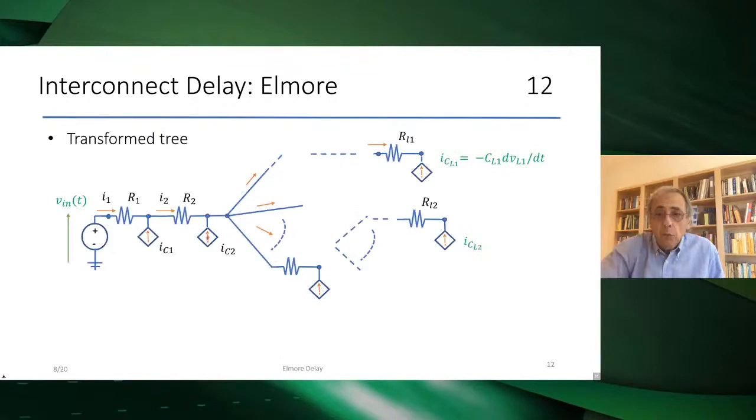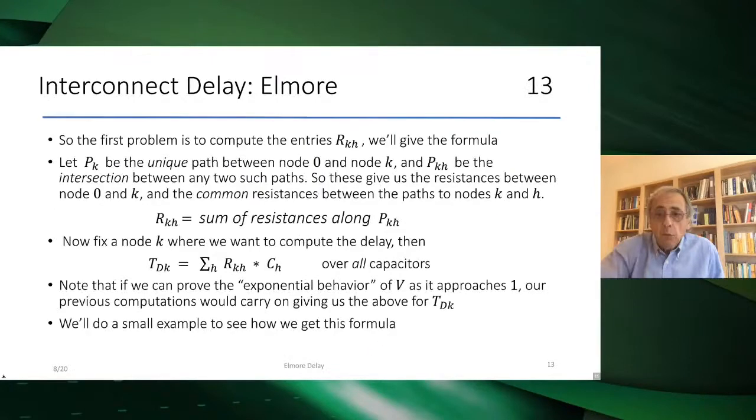All that we did, as I said, was replace the voltage; these current sources are now the currents this way. And now I'm going to take a look: how do we compute this matrix R? I'll give you the formula and then we'll proceed to the derivation.